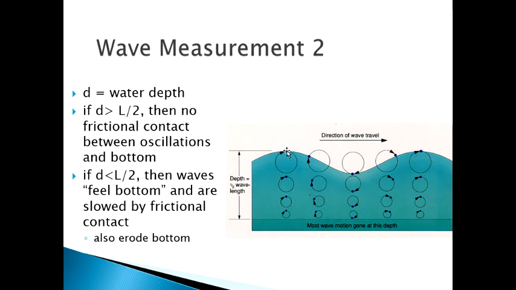So if you have a crest to crest distance of 10 feet, then the bottom of the wave base is going to be 5 feet, 10 divided by 2. It's simply cutting it in half. If you know the wavelength, then you know the depth to the wave base.